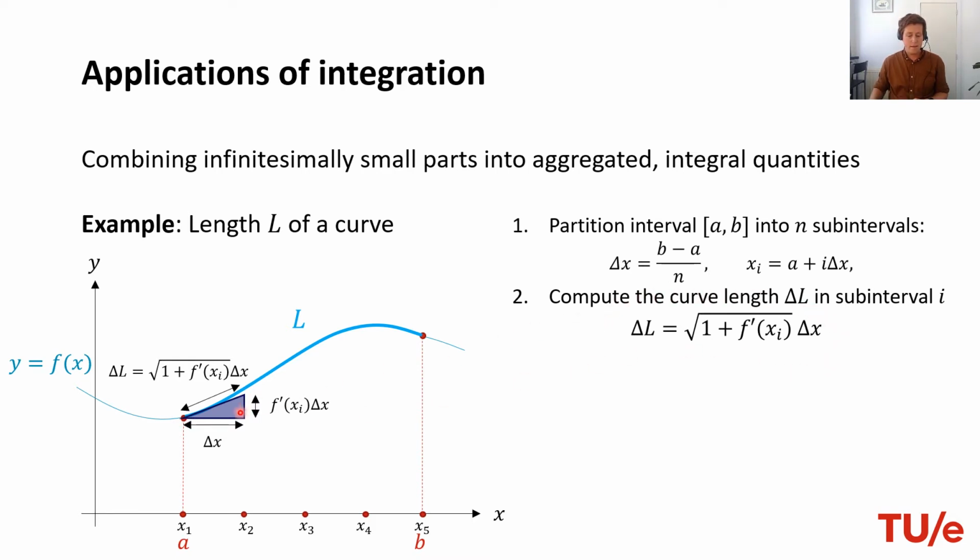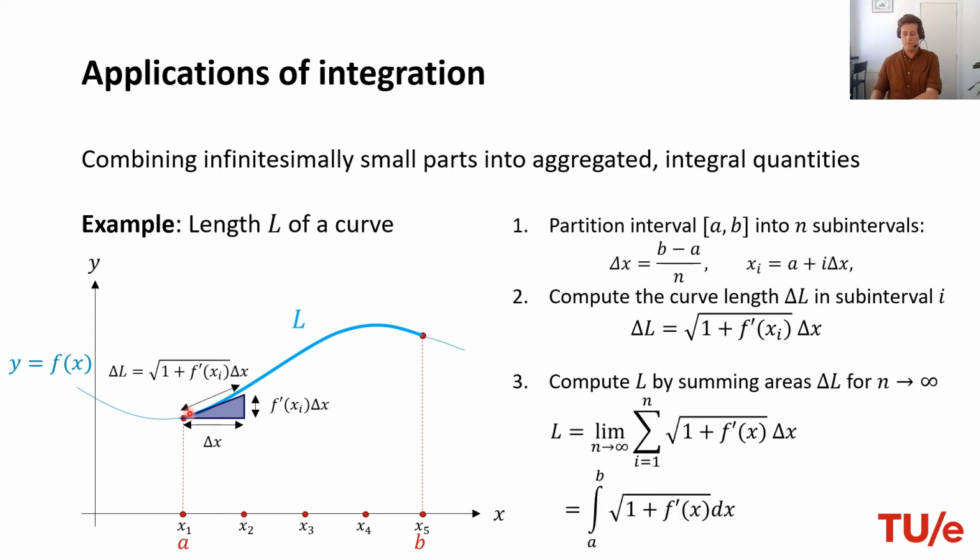And again, if we do this for all these subintervals, this will give us an approximate length that we can sum up. If we make these intervals smaller and smaller, the long side of these blue triangles will more and more approximate the actual length of the curve over that interval.